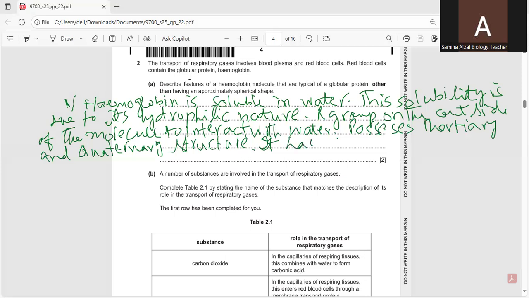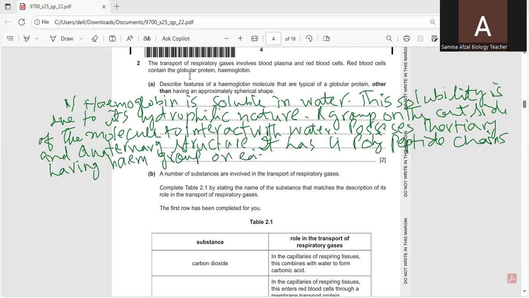It has four polypeptide chains, having a heme group attached on each of the chains, which is a prosthetic group.